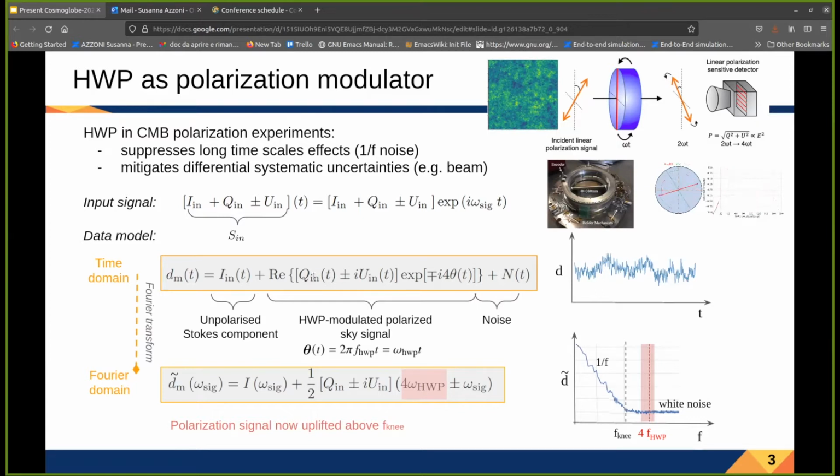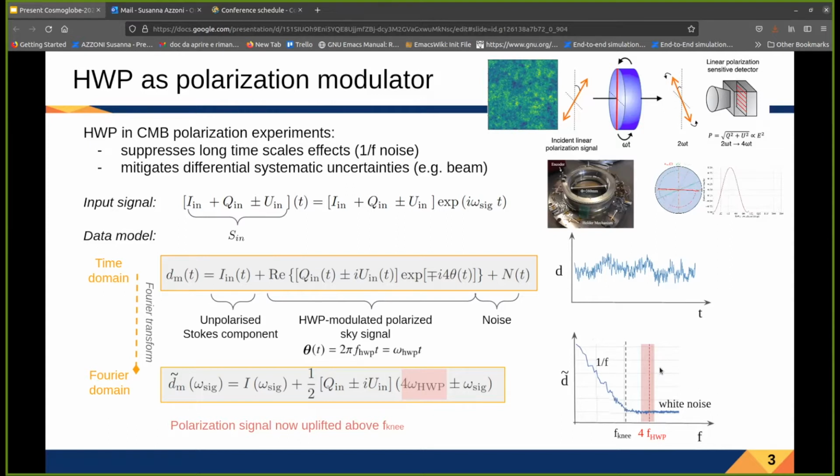And this is why the intensity sky signal is left at the omega of the signal, which is the signature of amplitude modulation. And so what we see is that the sky signal for polarization now appears at frequencies plus or minus omega of the signal around the carrier frequency, 4 omega of the half-wave plate, here.